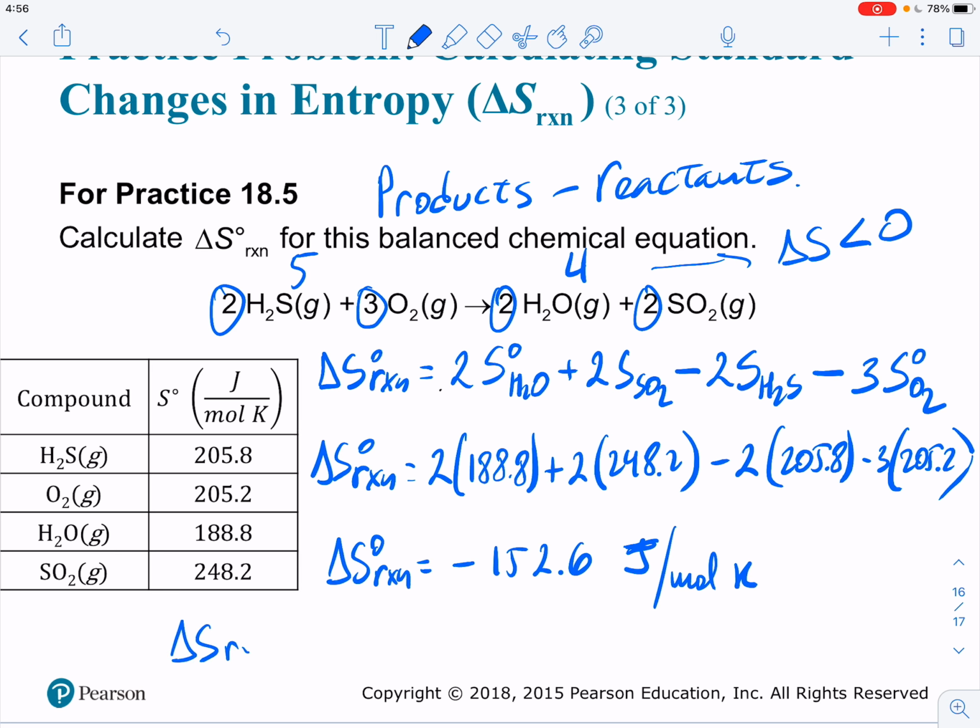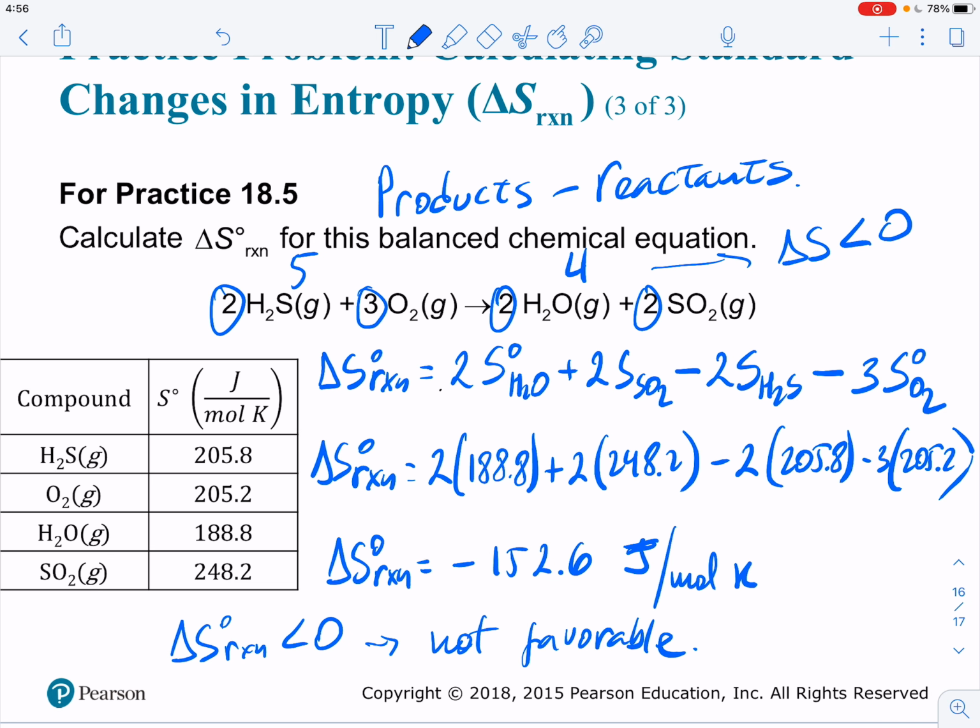If your delta S is negative, then it is not favorable, not favorable from the entropy point of view. Okay, this means that this is a reaction that potentially might require some input for it to actually happen.